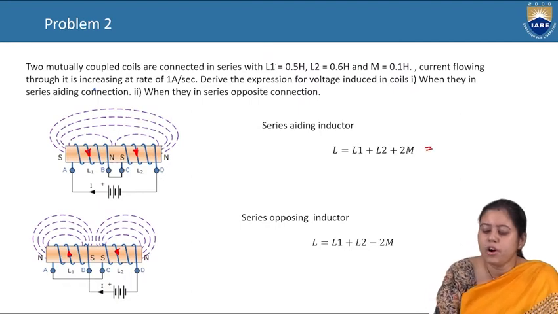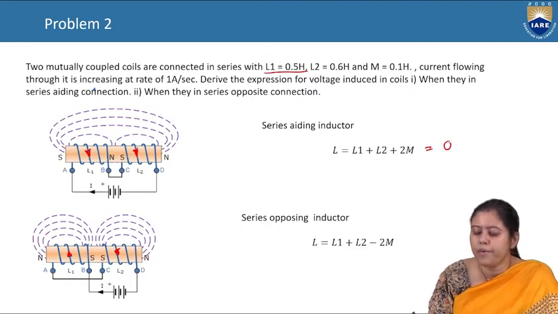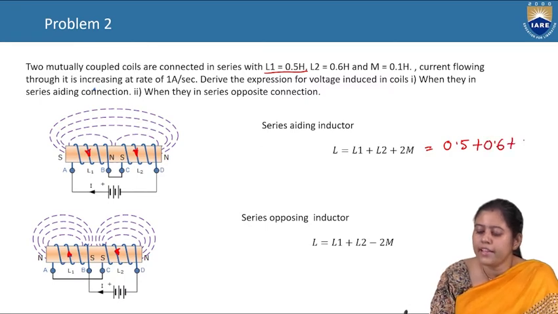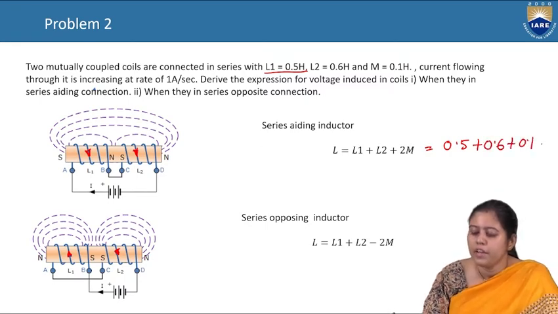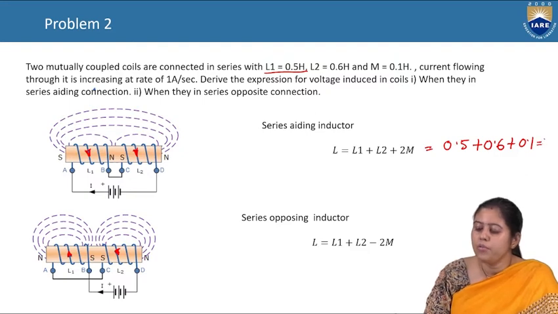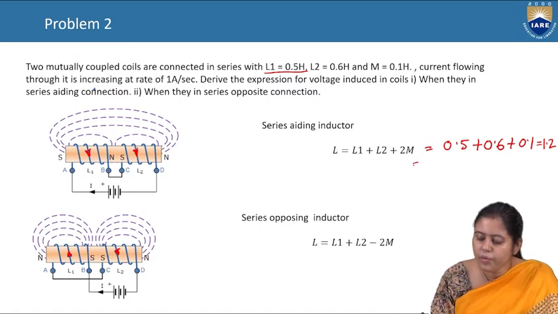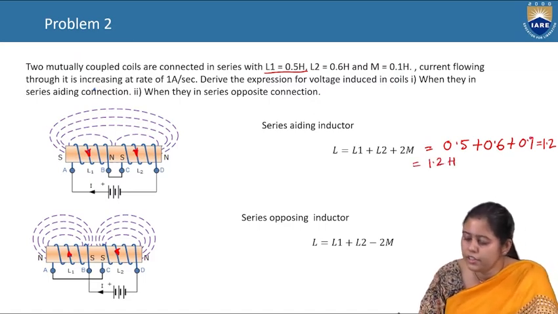So what is the value of L1? It is given 0.5. L2 is 0.6. M is 0.1. So we are getting the value 1.2 Henry. Sorry, it is actually plus 2M, so it is 0.2.